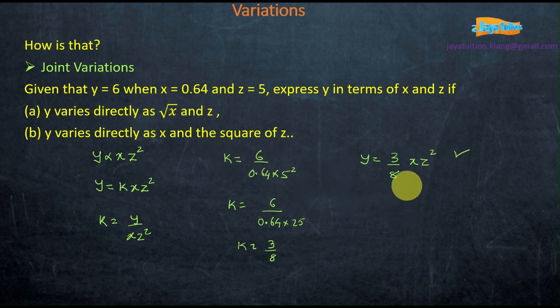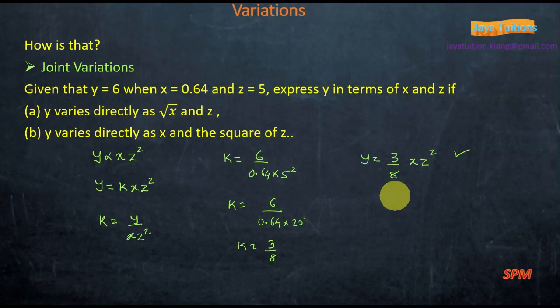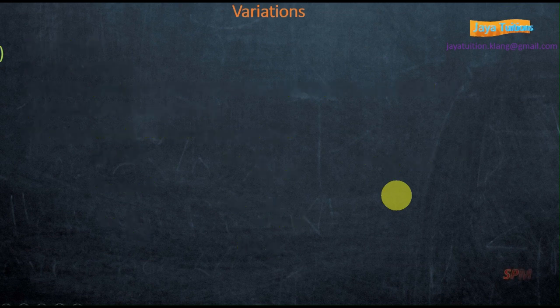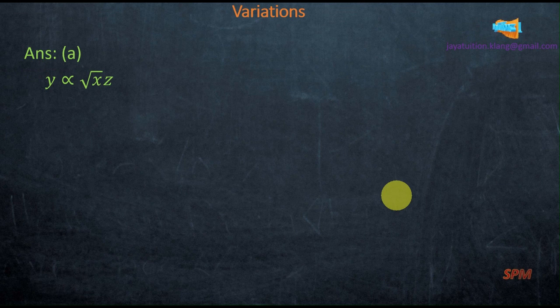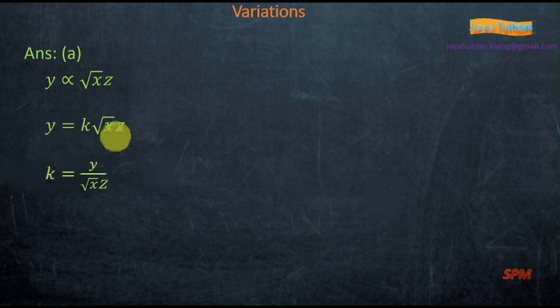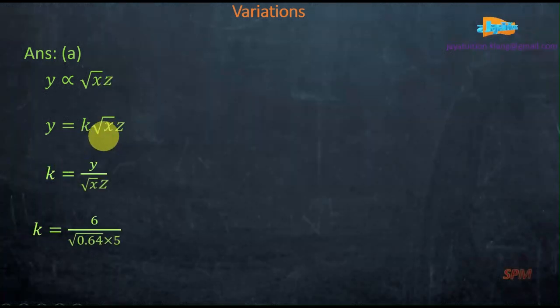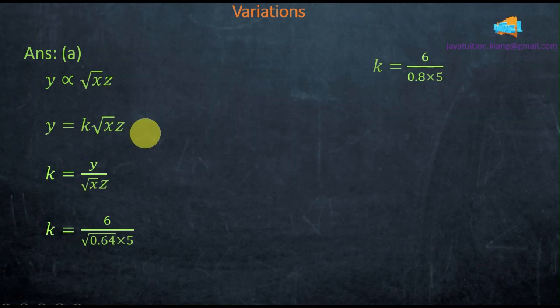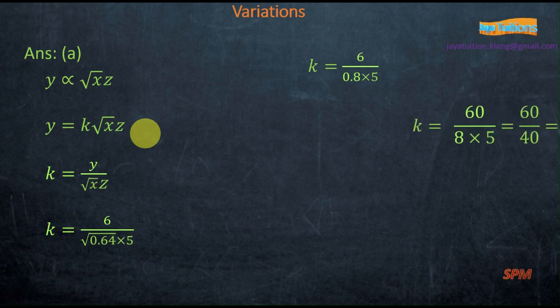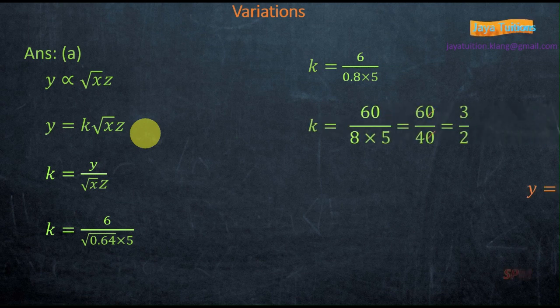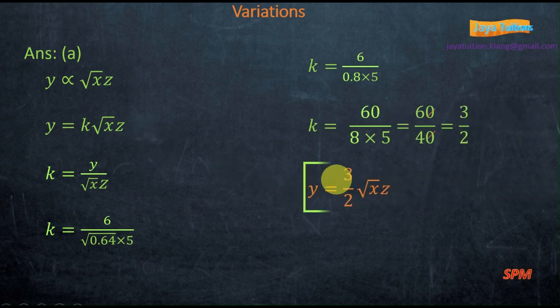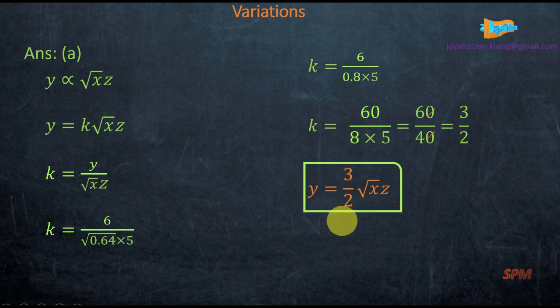The same thing is shown in the next slide using animation. Here things have been given: y is directly proportional to square root of xz, and y is equal to k times square root of xz. The final answer is y is equal to 3 by 2 square root of xz.